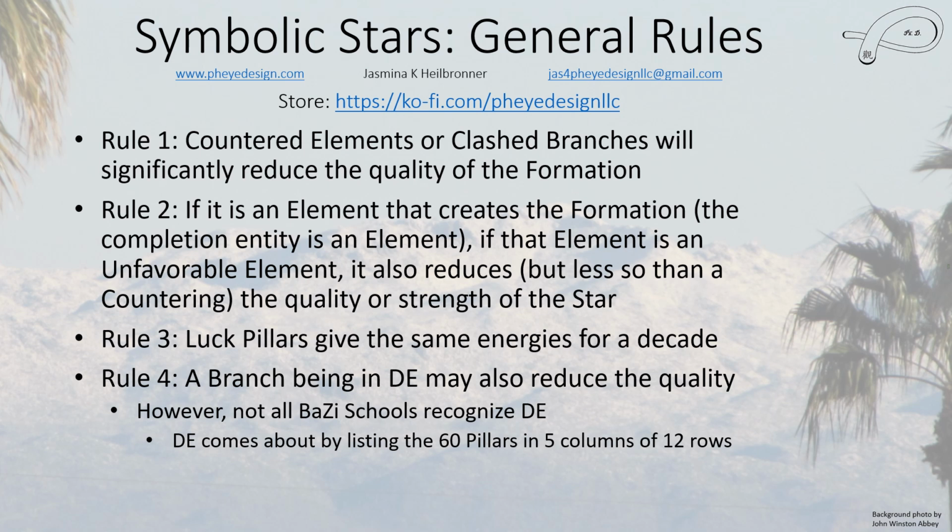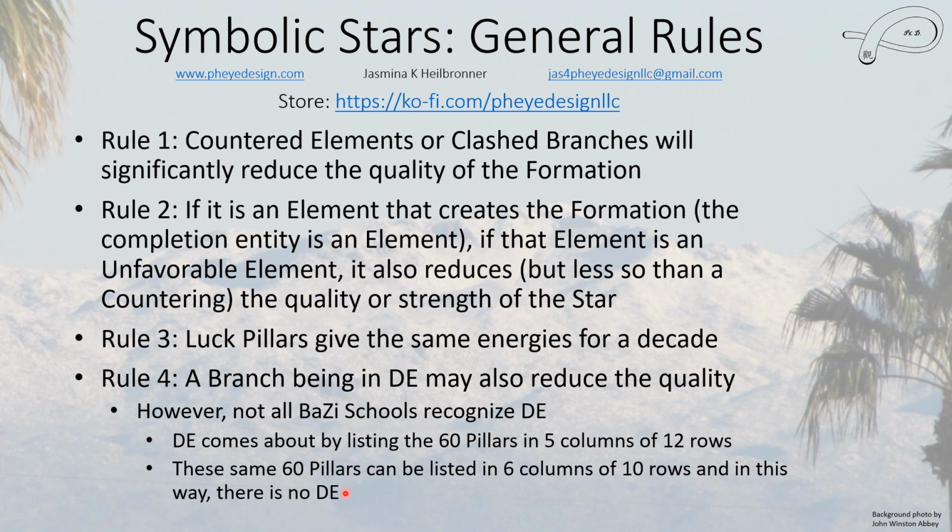I think I did cover this already. Why it's only those 2 at the bottom, and they will have the same element as the 2 at the top. And this is why it's considered to be in DE, because maybe that energy is weakened. I'm not sure why it's not the first 2, or why it's not both sets. It never made a whole lot of sense to me.